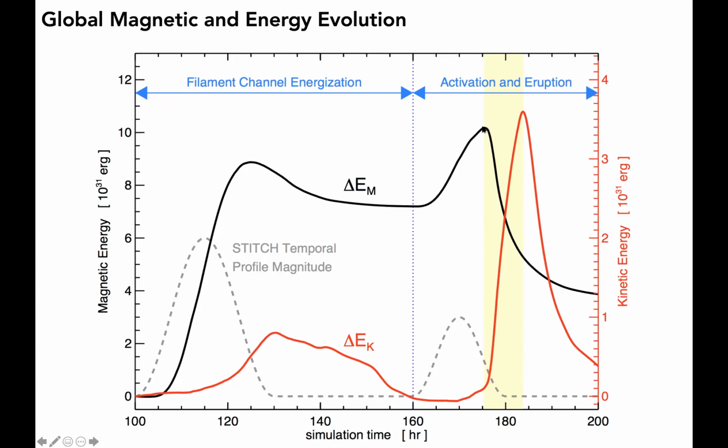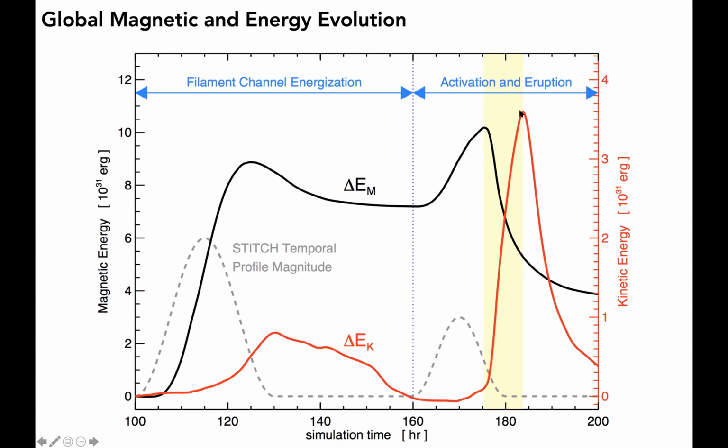So the reconnection kicks in. You've got this rapid expansion. The reconnection accelerates all of that plasma out of the low corona. And what I've colored in yellow here is basically the time between the maximum free magnetic energy and the maximum global kinetic energy.